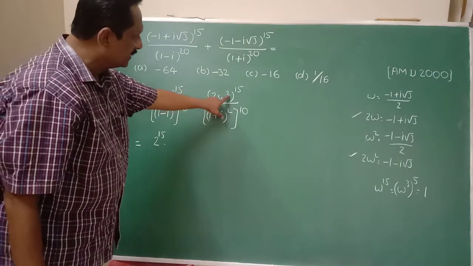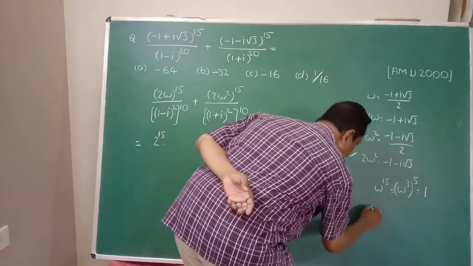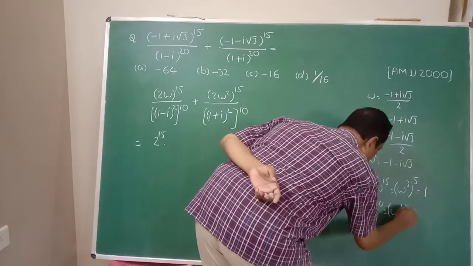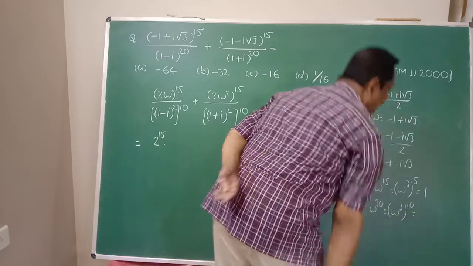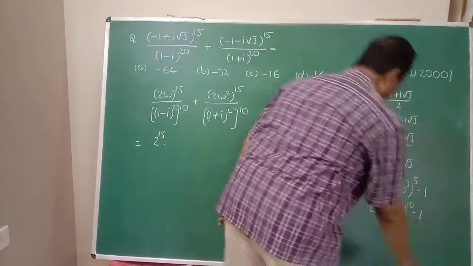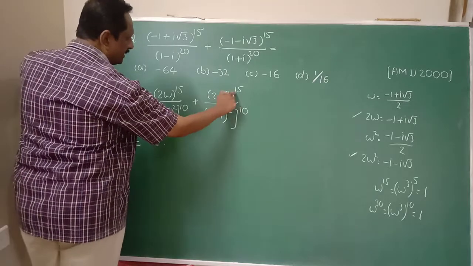Omega square raised to 15 means omega raised to 30, which is omega cube raised to 10. Omega cube is 1, and 1 raised to 10 is 1, so omega raised to 30 is also 1. So it is 2 raised to 15 into 1.